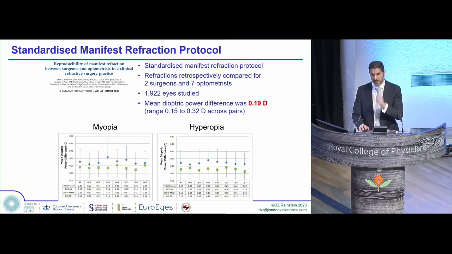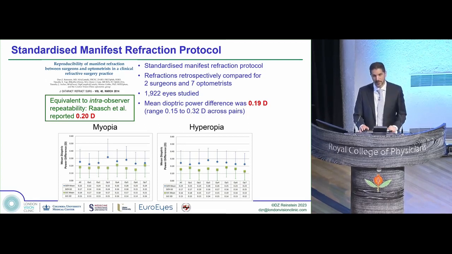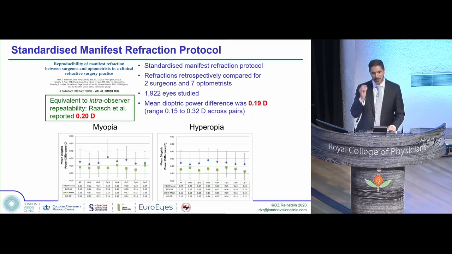And the beauty of this study is if you compare it to Rausch's study, which is one person refracting the same patient multiple times, they got 0.2 diopters of repeatability. So it shows you that it's a kind of involved technique. You're going to see it in a minute, but it actually works really well to bring people to a hard endpoint.